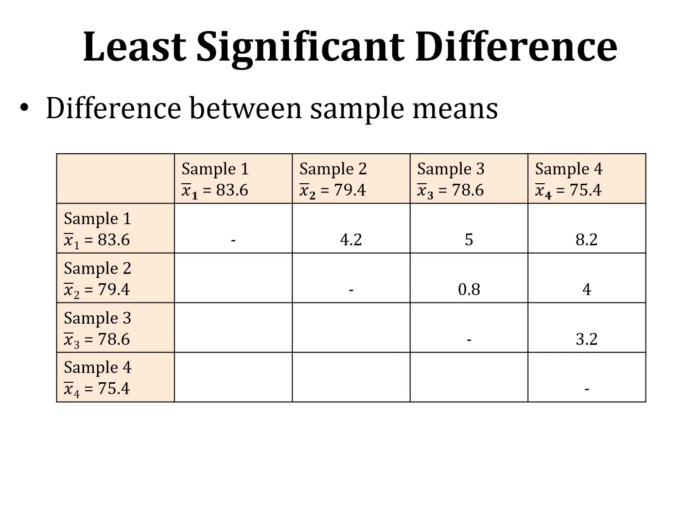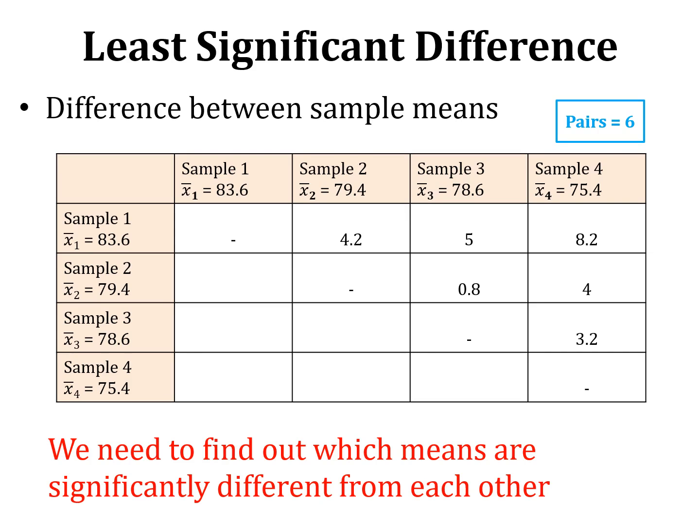And finally, we have the mean pair of sample number 3 and sample number 4, 78.6 minus 75.4, and we have 3.2. So this is the difference between mean values of sample number 3 and sample number 4. So how many pairs do we have? We have 6 pairs. So we need to find out which means are significantly different from each other.